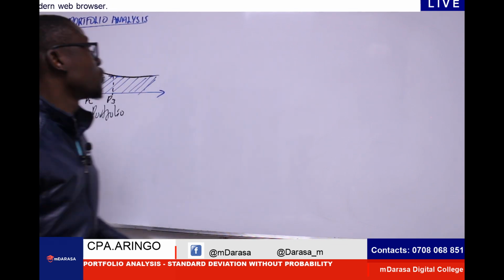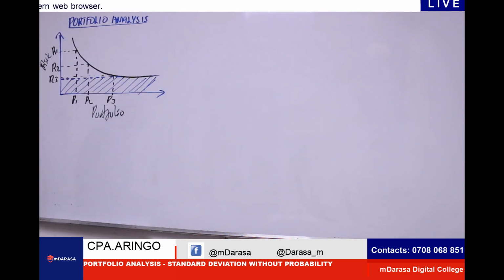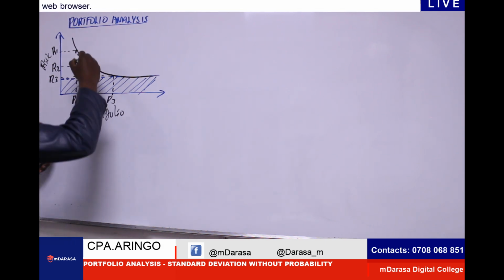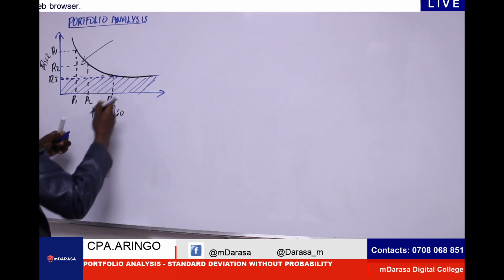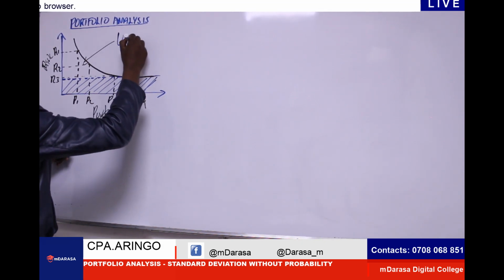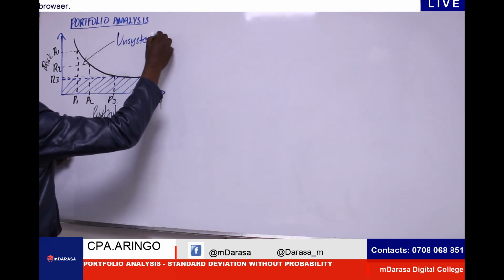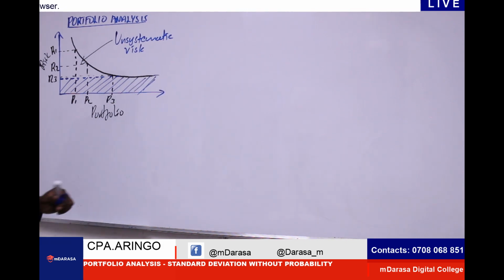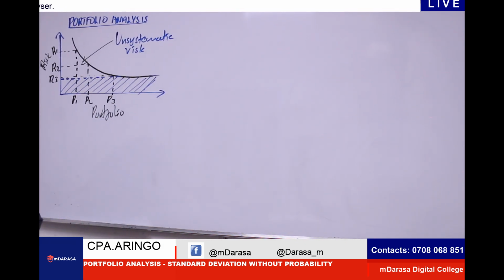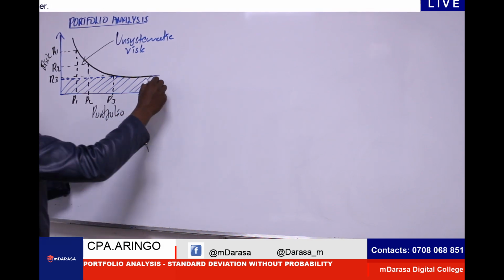This brings us to the two components of risk that we talked about. Remember, we talked about unsystematic risks, and we also talked about systematic risks.